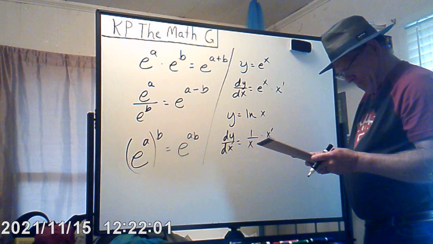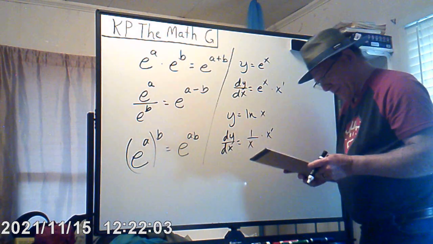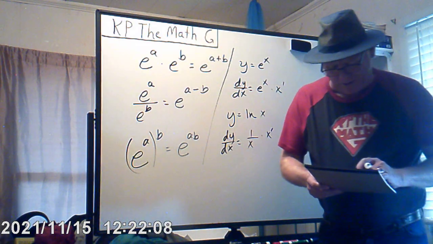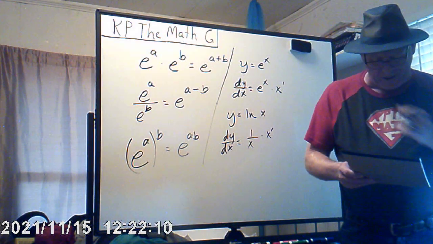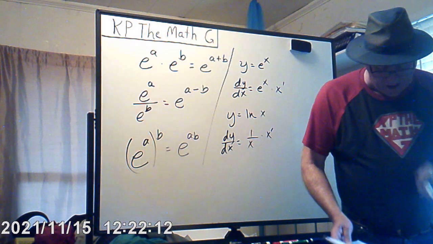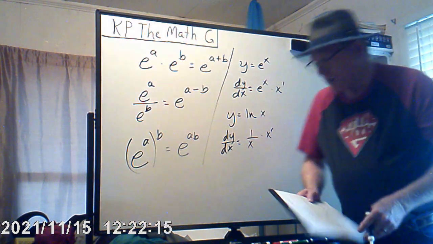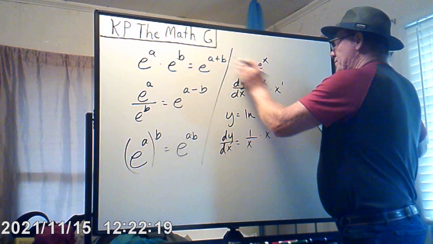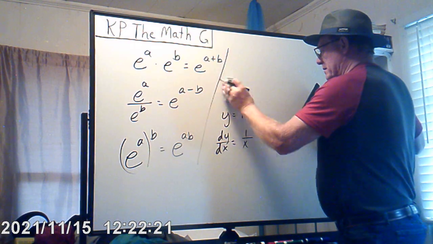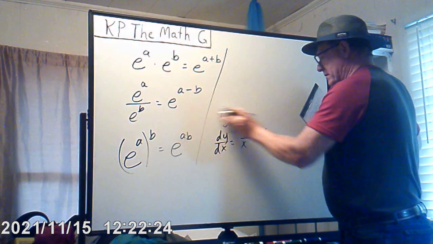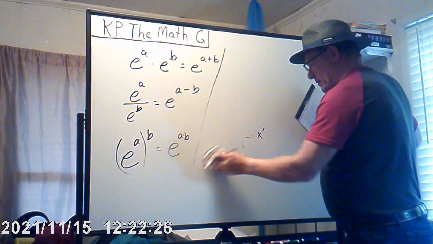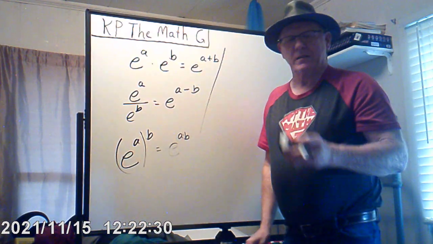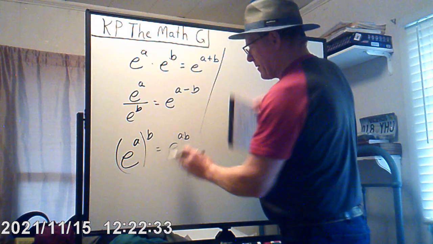Let's look at a couple of examples where we find the derivative with e or maybe even with ln. And then we'll end our discussion talking a little bit about a to the x.